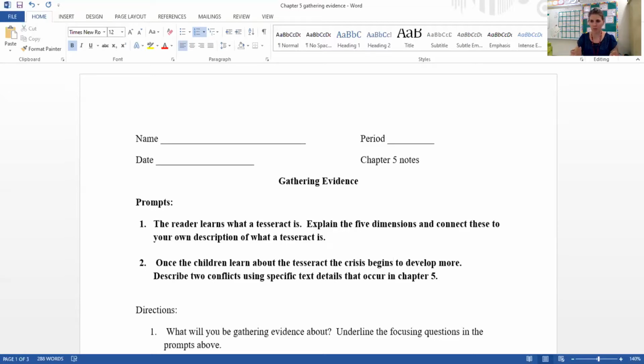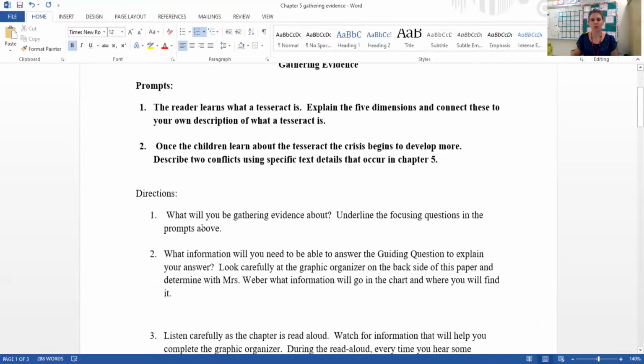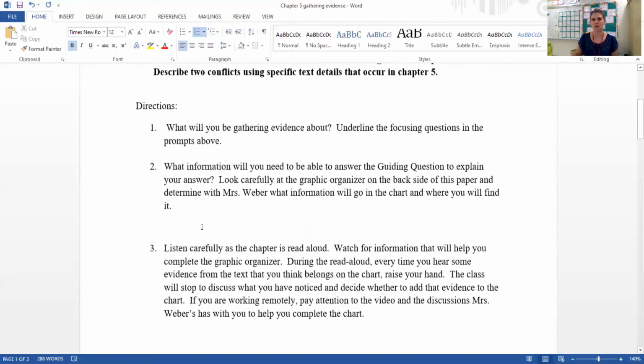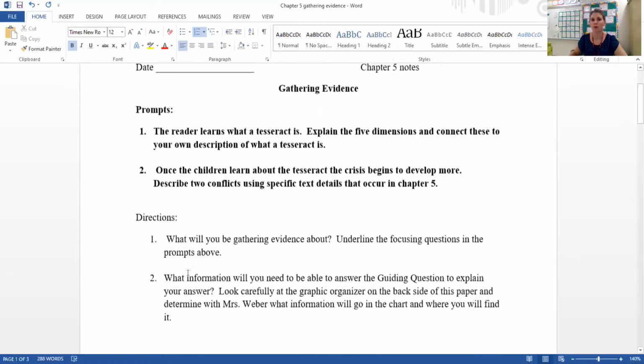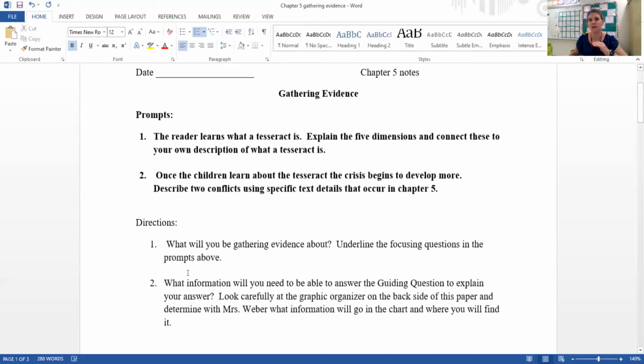Okay, so now we know the prompts, but what do we do with them? Let's take a look at the directions. There are 3 sets of directions. Number 1: what will you be gathering evidence about? Underline the focusing questions in the prompts above. Hit pause in a second after I tell you what you're going to do.